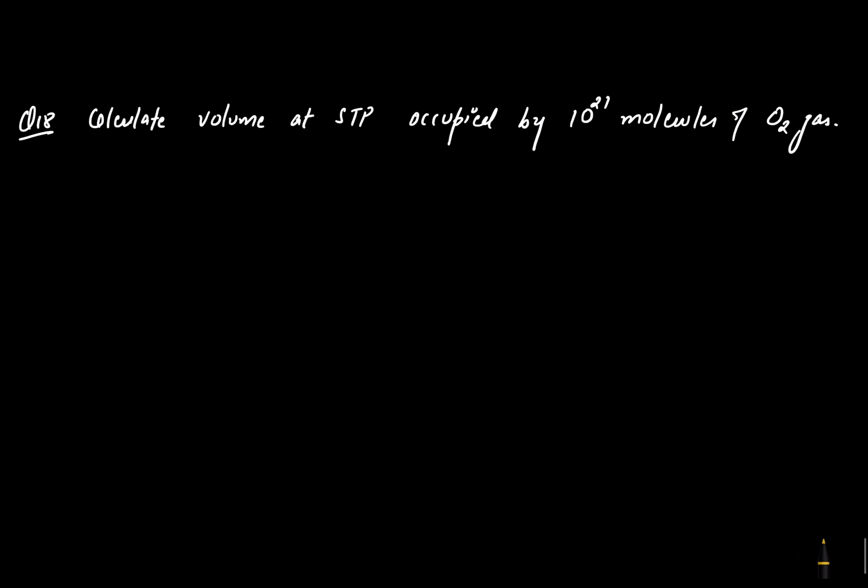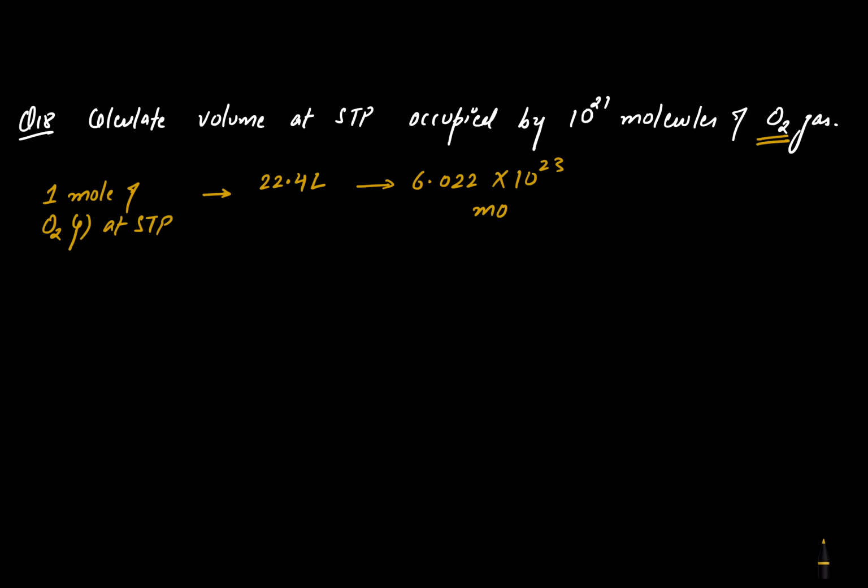It's question number 18th. Now he is saying calculate the volume at STP occupied by 10 to the power 21 molecules of O2 gas. Now 1 mole of O2 gas at STP is 22.4 liters, and mole concept also says that 1 mole has 6.022 into 10 raised to power 23 molecules of O2.